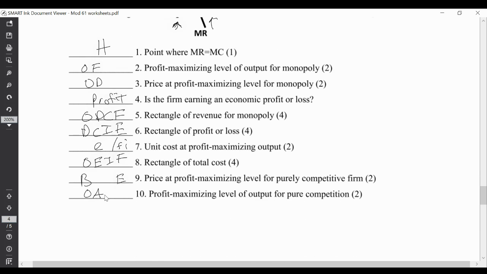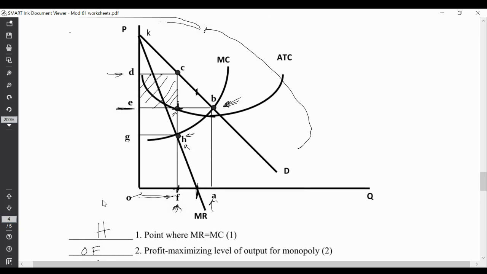So in a monopoly, we are producing at F and selling at price level D. And this is the type of question that they'll ask on the AP exam, comparing a monopoly to a perfectly competitive market. In perfect competition, we would be producing at B, at the price level E. So monopolies usually produce less than a perfectly competitive market at a higher price, because they're inefficient.